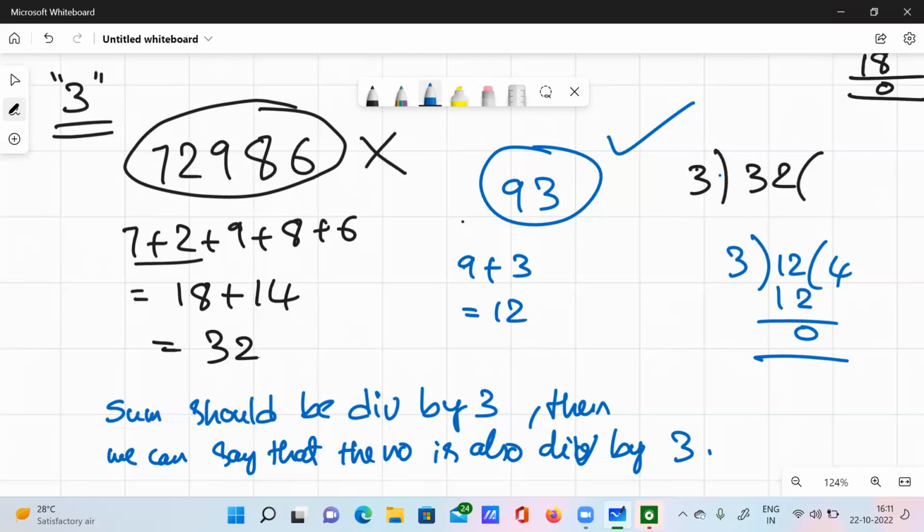So you need to calculate the sum here, and if this particular sum is actually divisible by 3, then you can definitely say confidently that this particular whole number is actually getting divisible by 3.